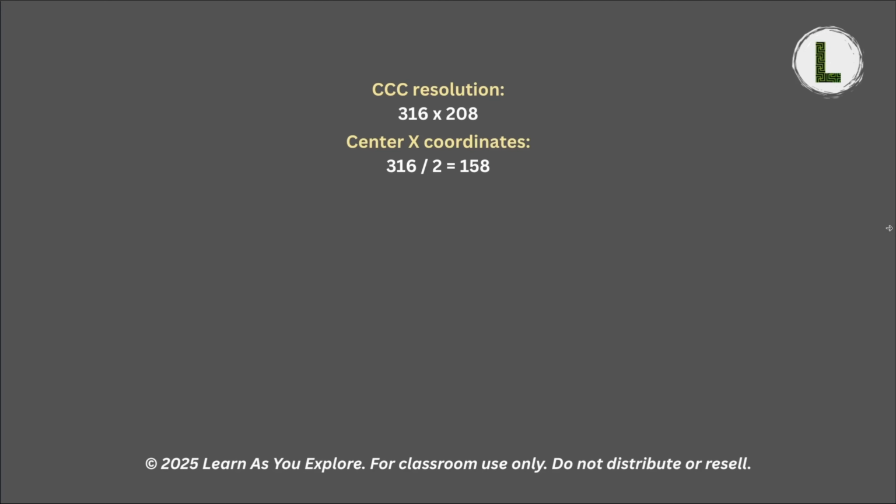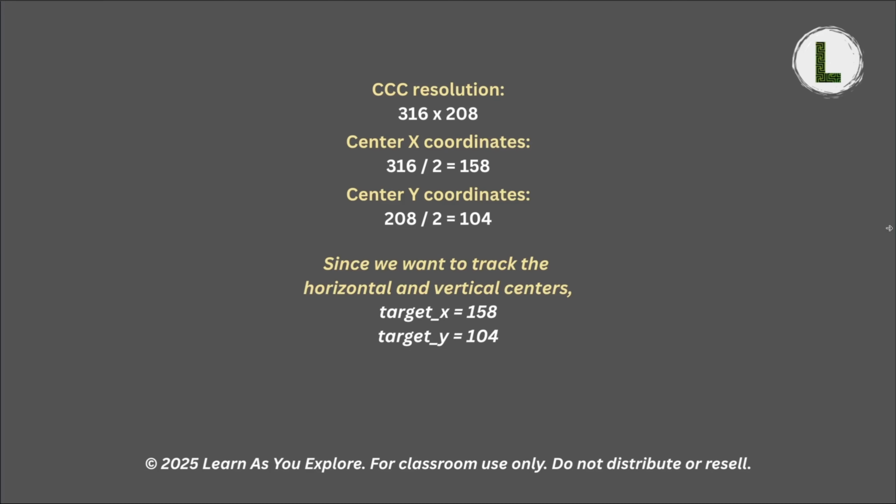So that's 158. Similarly, we'll get the center Y coordinate as 208, which is the height of the frame, divided by 2 to get 104. Since we want to track the horizontal and vertical centers, we will note down these values of target X as 158 and target Y as 104, and we will use this in our program.